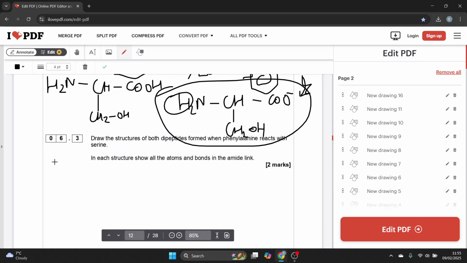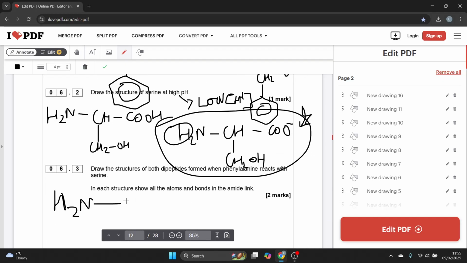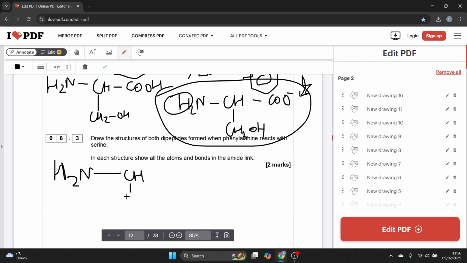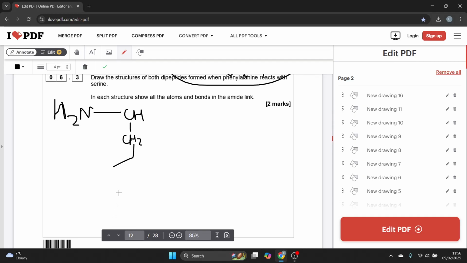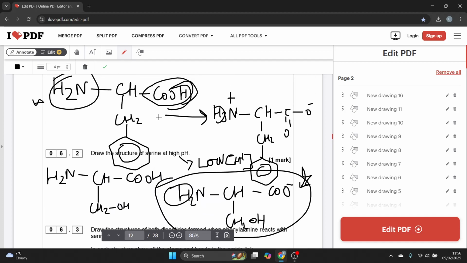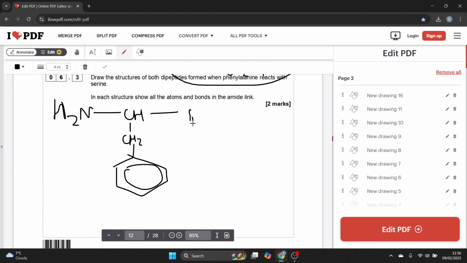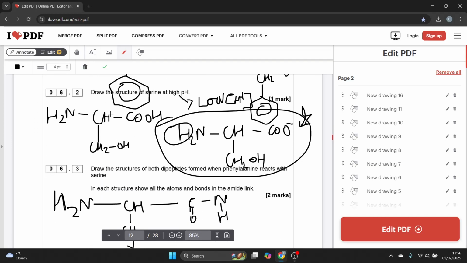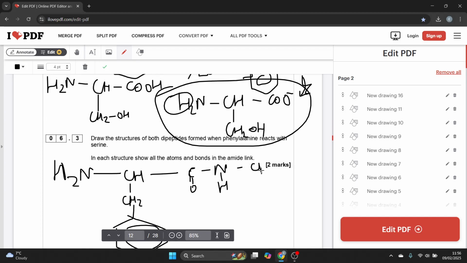So first I'm going to have H2N, CH, CH2, there we go. And then here, this OH leaves and this hydrogen, that's not serine, leaves, so I'm left with C double bond O, and then I've got this NH group, and then I just carry on, CH, COOH, CH2OH.